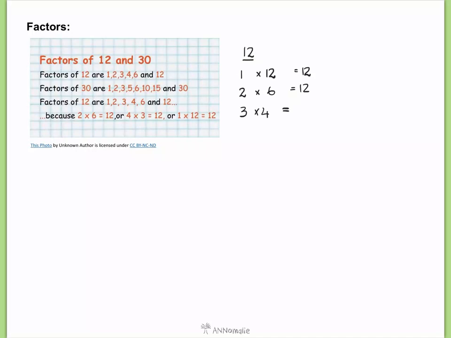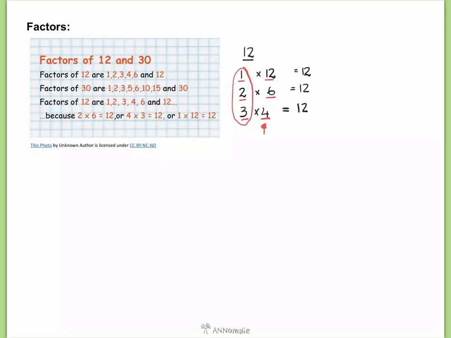All of these numbers are factors of 12. So in other words, 12 has 6 factors. And each one of these on the left-hand side has a friend on the right-hand side.